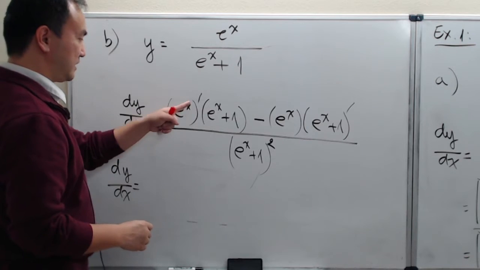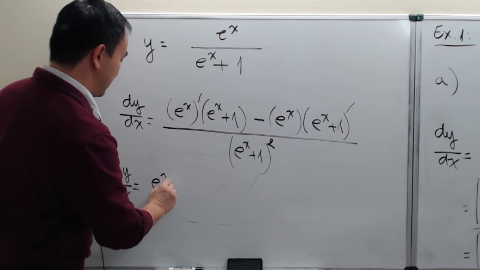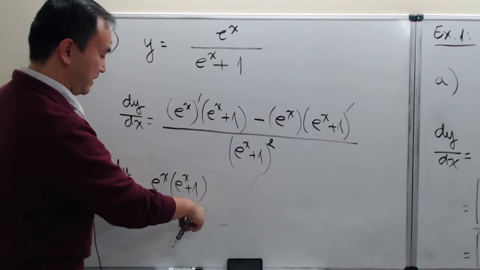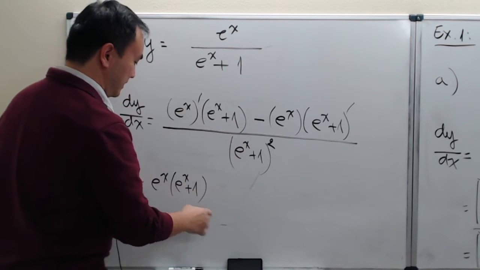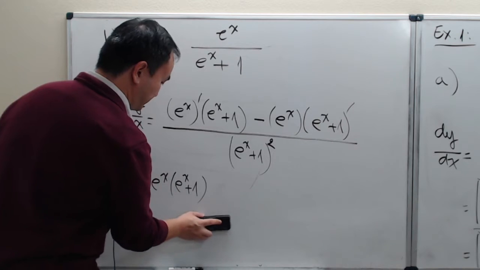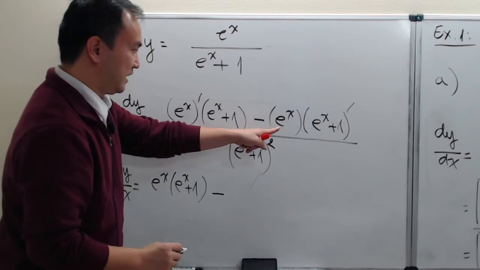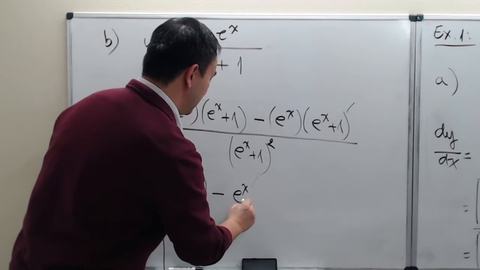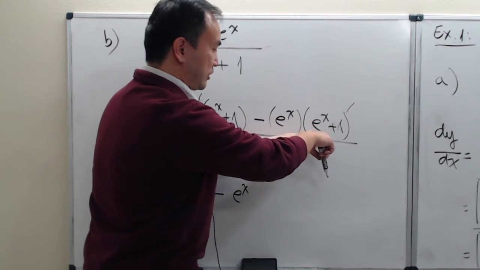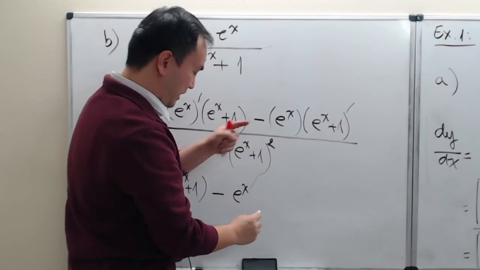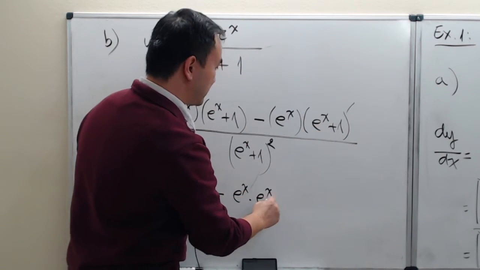Okay, and so now we really are ready for finding the derivative. So e to the x, taking the derivative, is e to the x. So e to the x times e to the x plus 1 in my first term has become thus. And then next we're going to subtract. The denominator has two terms, but taking the derivative term by term, the first term becomes e to the x, and the second term becomes a 0.